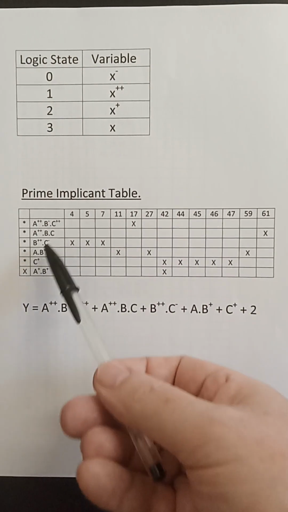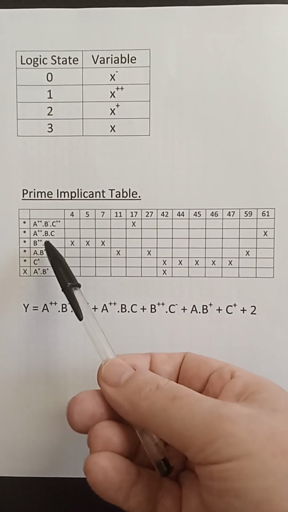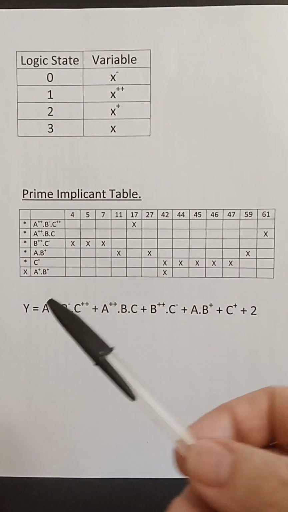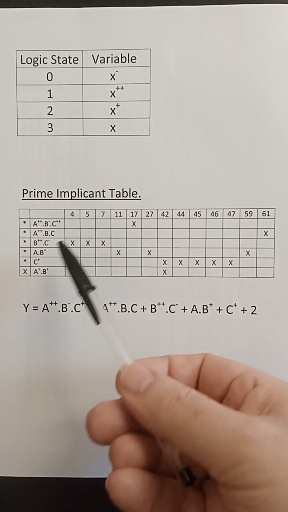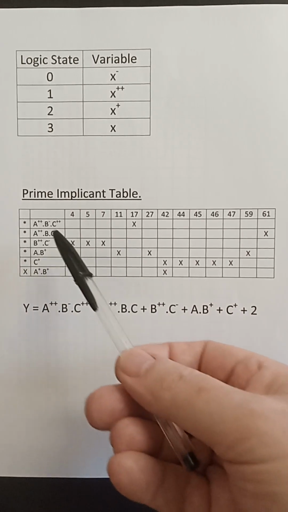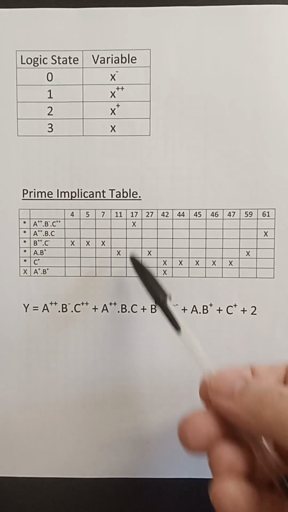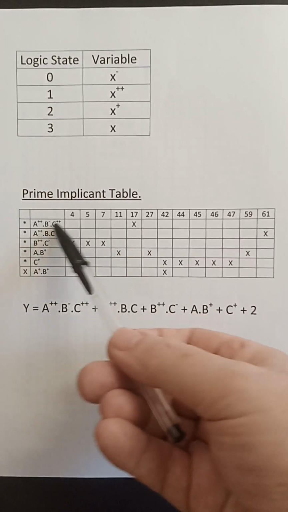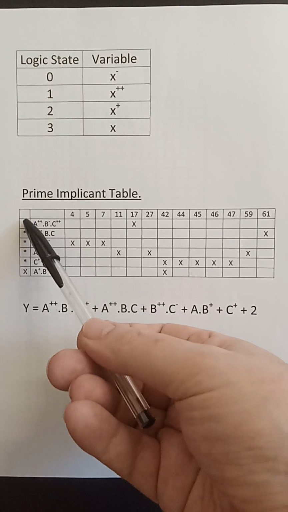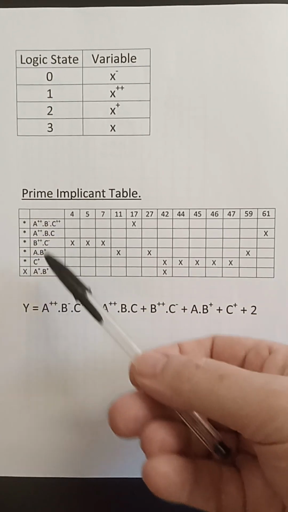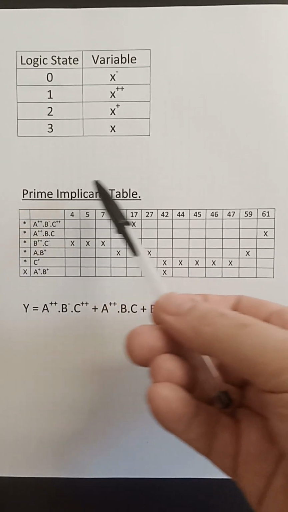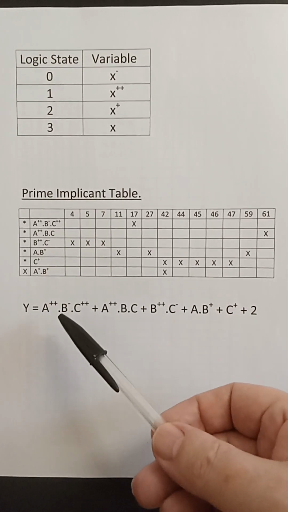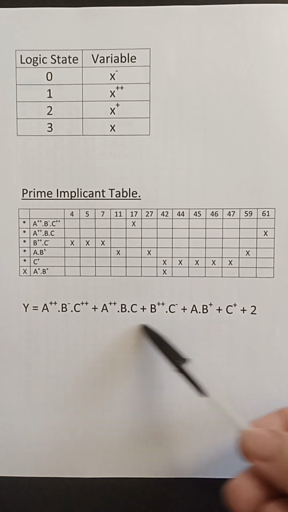Obviously, the fewer variables there are, the more n values they cover. So what we do is we look for a column with only one x in it, and that term is denoted with a star. These are prime implicants, and the ones with the star are essential prime implicants. They're the ones that we have to include in the final expression for y, which is here.